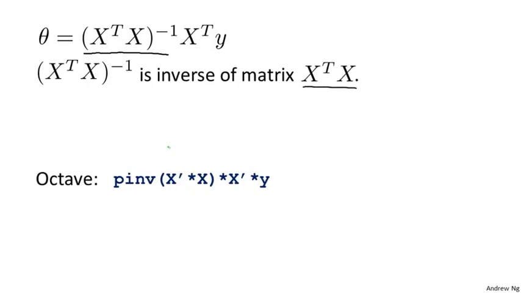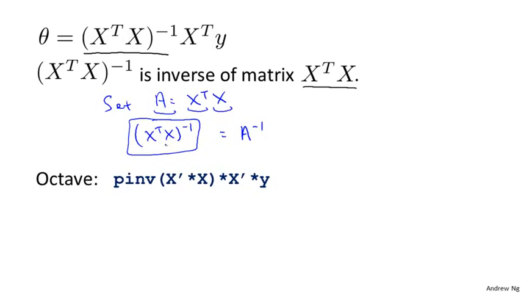Concretely, if you were to set A to be equal to x transpose times x, so x transpose is a matrix, x transpose times x gives you another matrix, and we'll call that matrix A, then x transpose x inverse is just, you take this matrix A and you invert it, right? It's equal to, let's say, A inverse, and so that's how you compute this thing. You compute x transpose x, and then you compute its inverse.